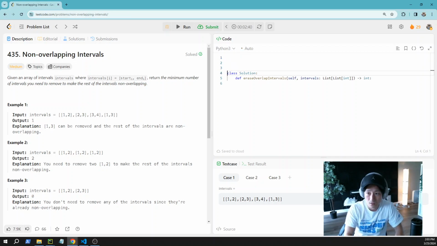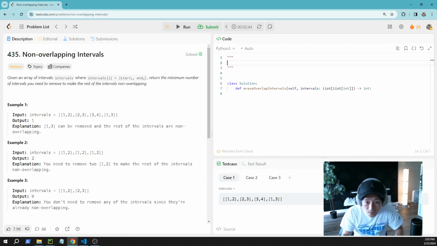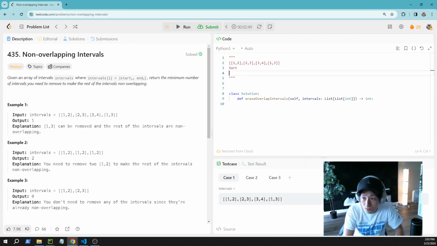So for example, like this given interval, after sorting, I'm gonna change it to something like this, right? And I need to remove. So let's keep track of the previous interval.